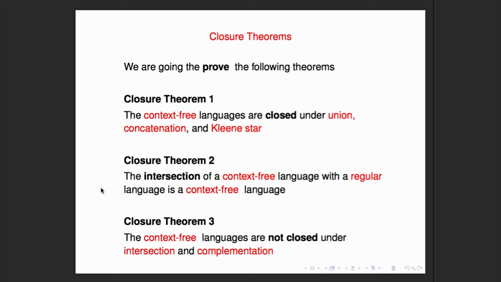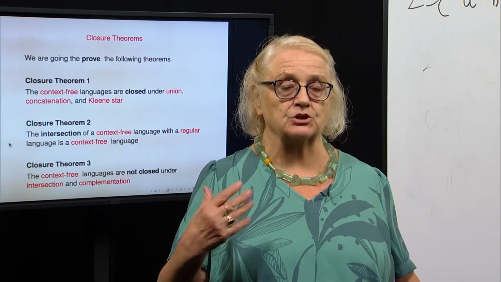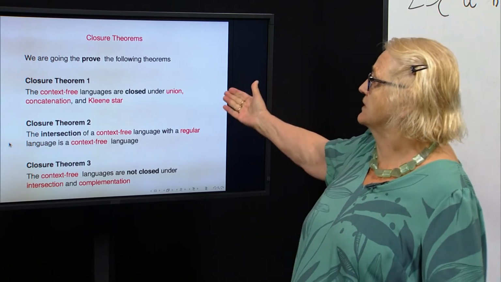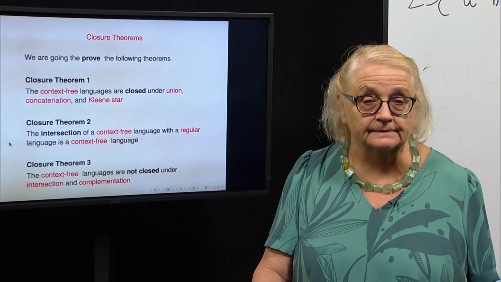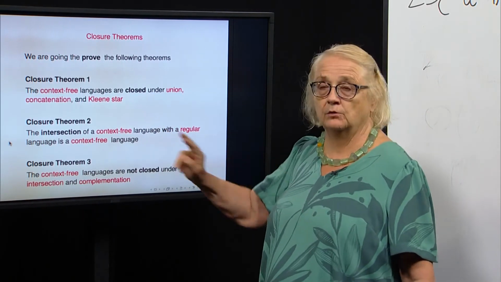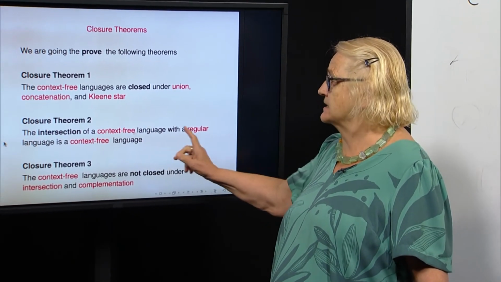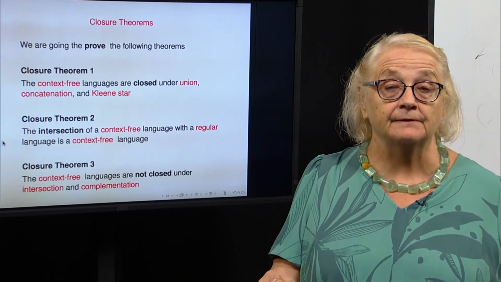So now we are going to prove three closure theorems. As I said, they're important for proving, after the pumping lemma, that languages are not context-free. First of all, a positive theorem: context-free languages are closed under union, concatenation, and Kleene star. Now, the second closure theorem: the intersection of a context-free language with a regular language is context-free.